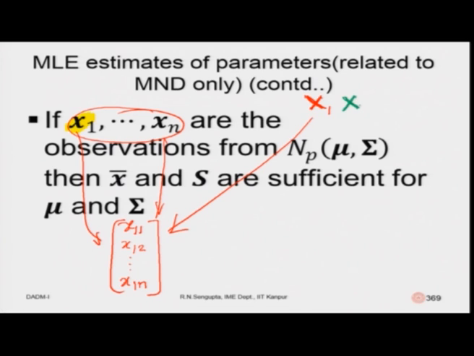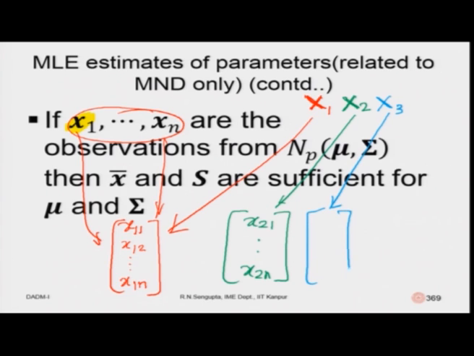This again is a bold vector: x21 up to x2n, then x31 up to x3n, and this goes on till the last one.